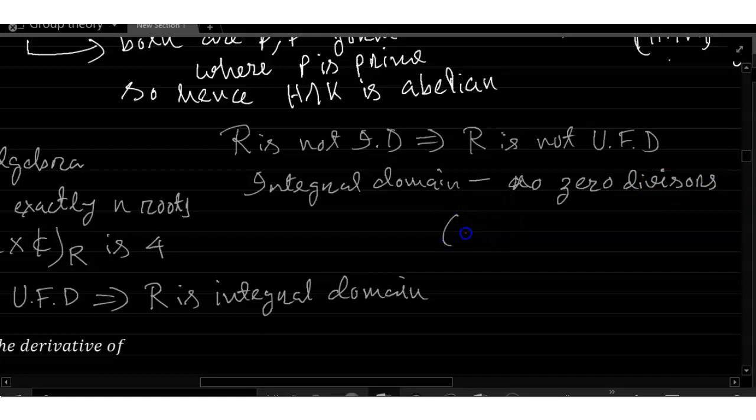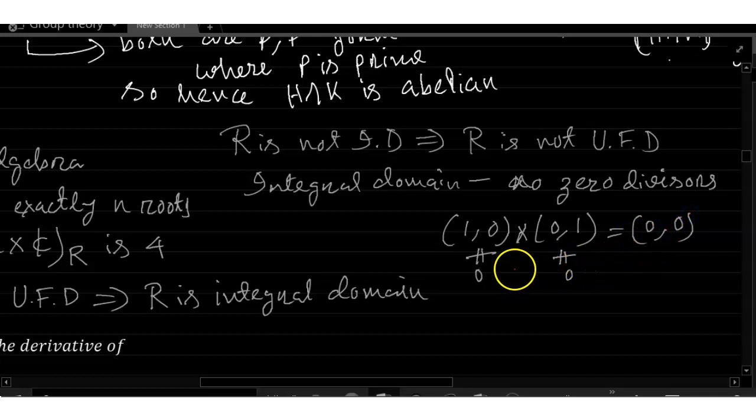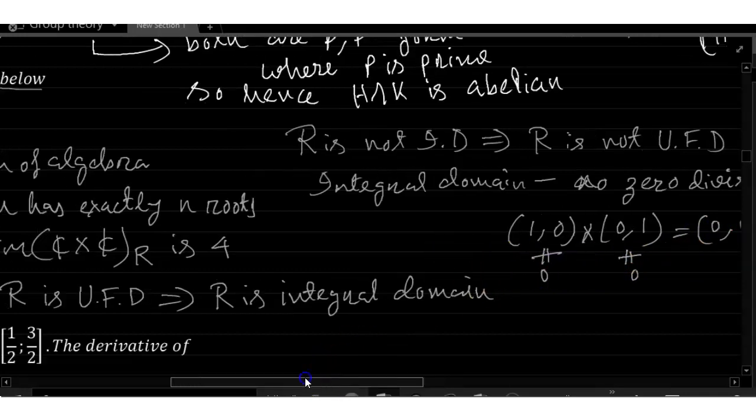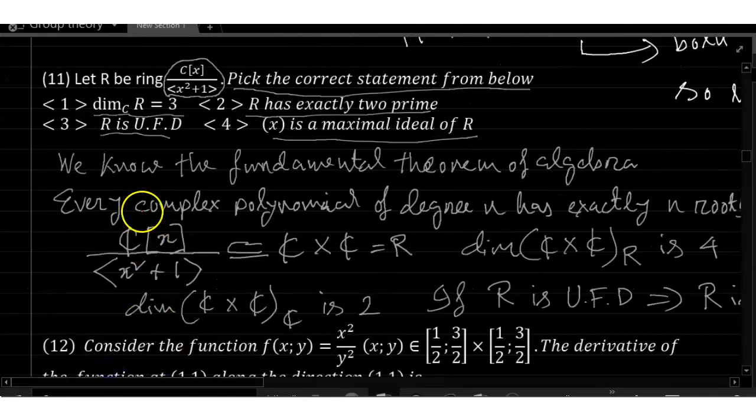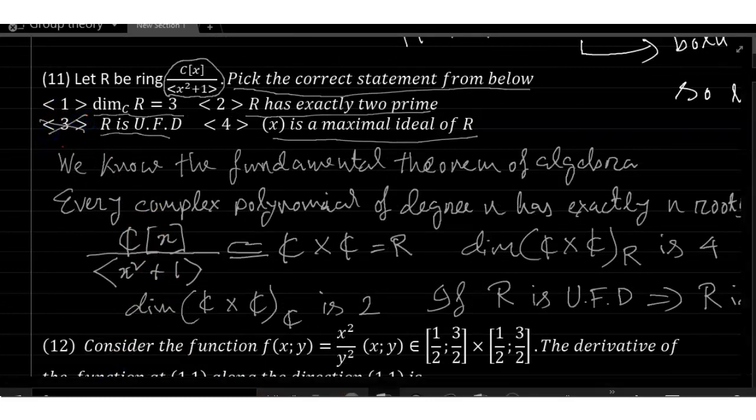Here (1, 0) and (0, 1) multiply to (0, 0) equals 0, which does not equal... Multiplication is 0. So it is not an integral domain. So it is not a UFD.